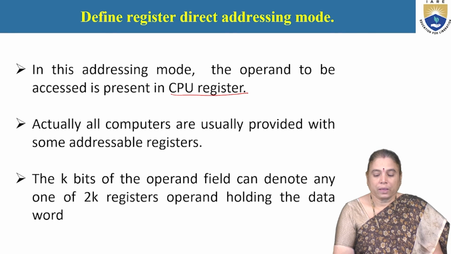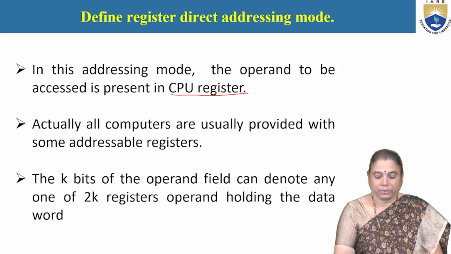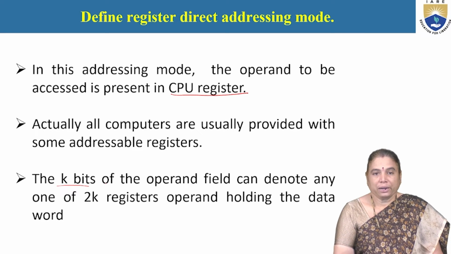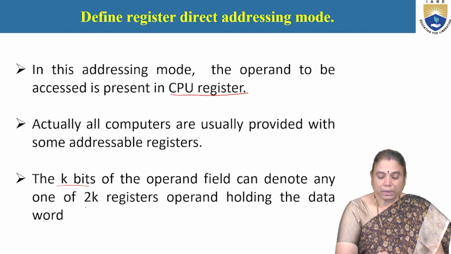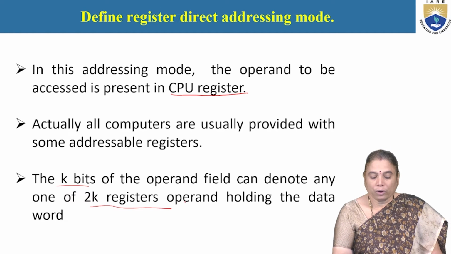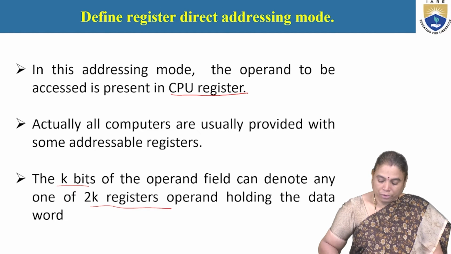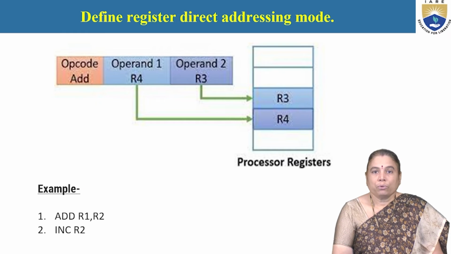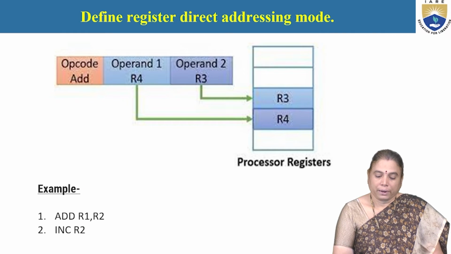All computers are usually provided with some addressable registers. For example, k bits of the operand field can denote any of 2^k registers holding the data word. So, CPU registers are majorly involved in specifying the operands.